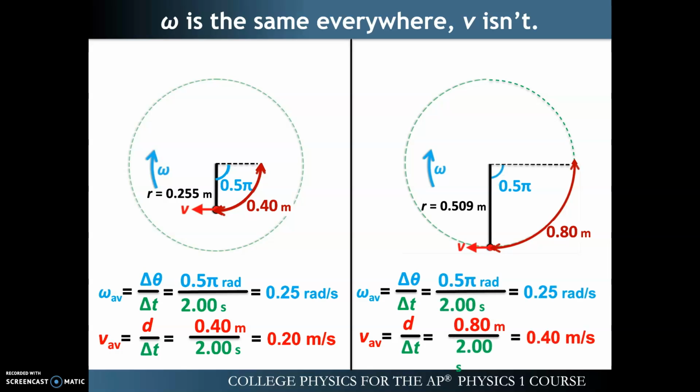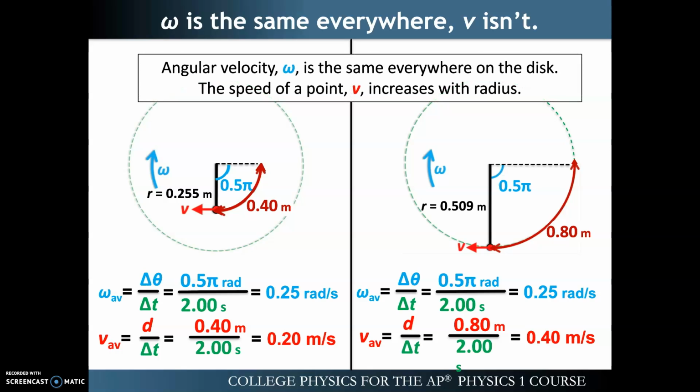Even though we have the same quarter rotation, so the angular velocity is the same, 0.25 radians per second, this point on the disk moves a further distance because it's further away from the center of the circular motion. So it's moving at a faster speed.